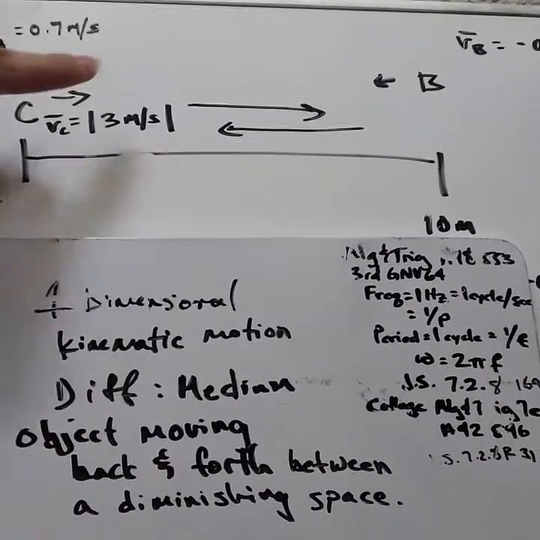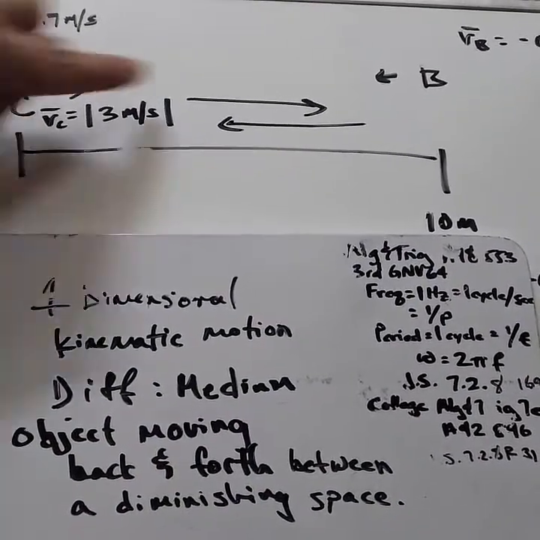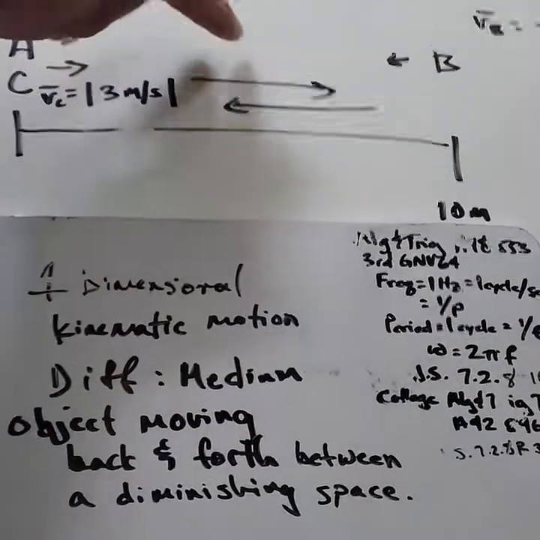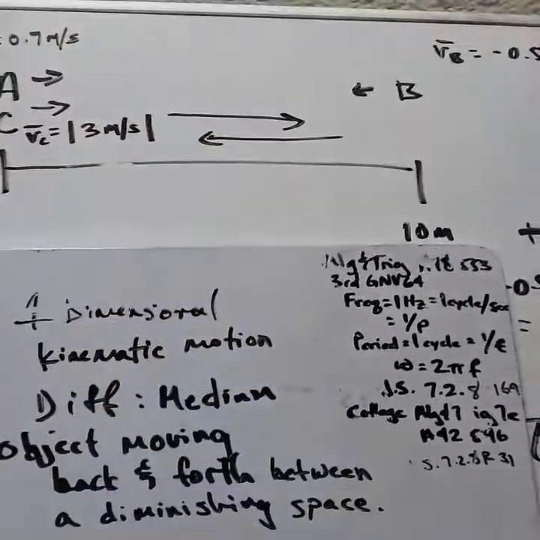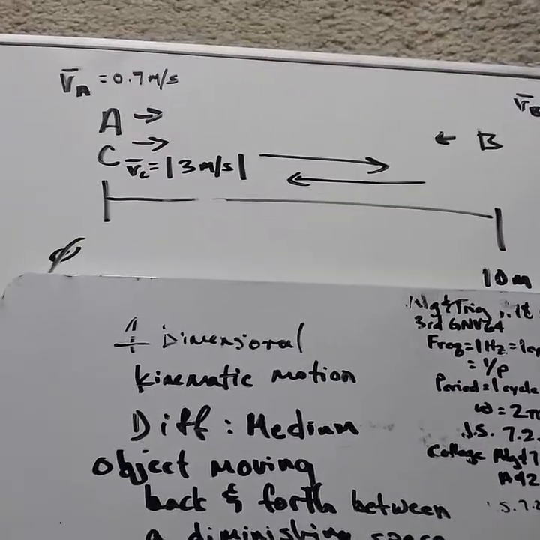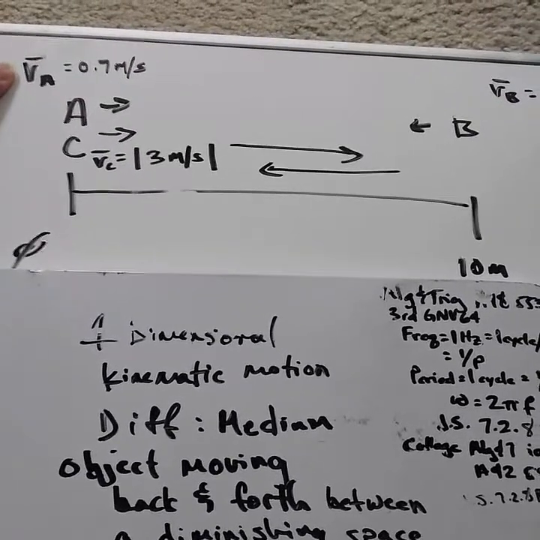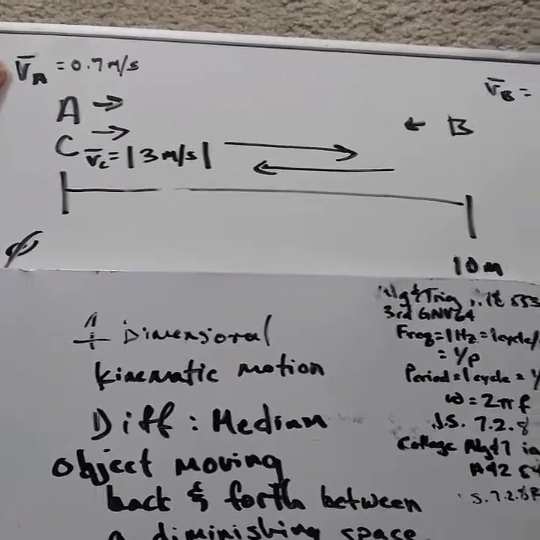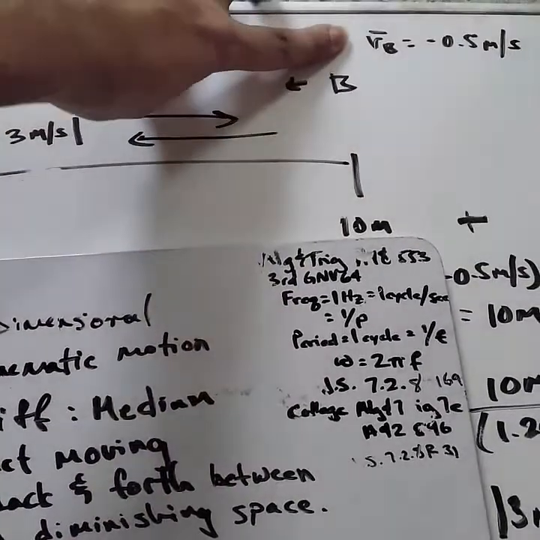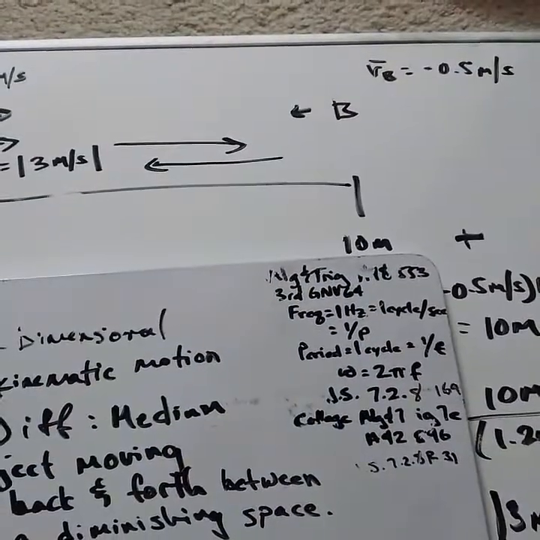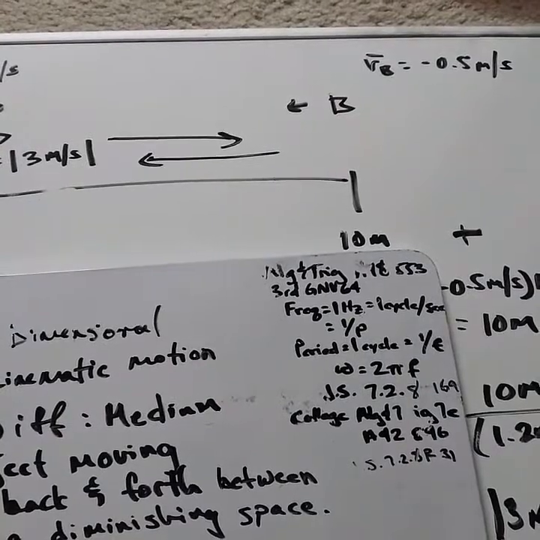So again, A and B are moving towards each other, and C is running back and forth until A and B meet, wherever that is. Okay? So object A has a constant velocity or average velocity of 0.7 meters per second. Object B has a constant velocity of negative 0.5 meters per second.